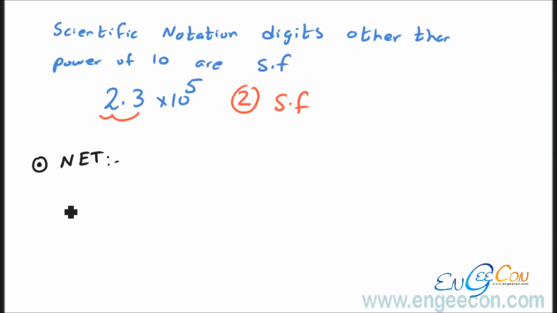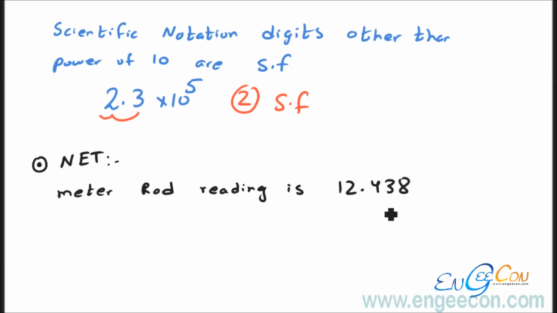For example, we have a meter rod reading 12.438 and having a least count of 0.1 millimeter.